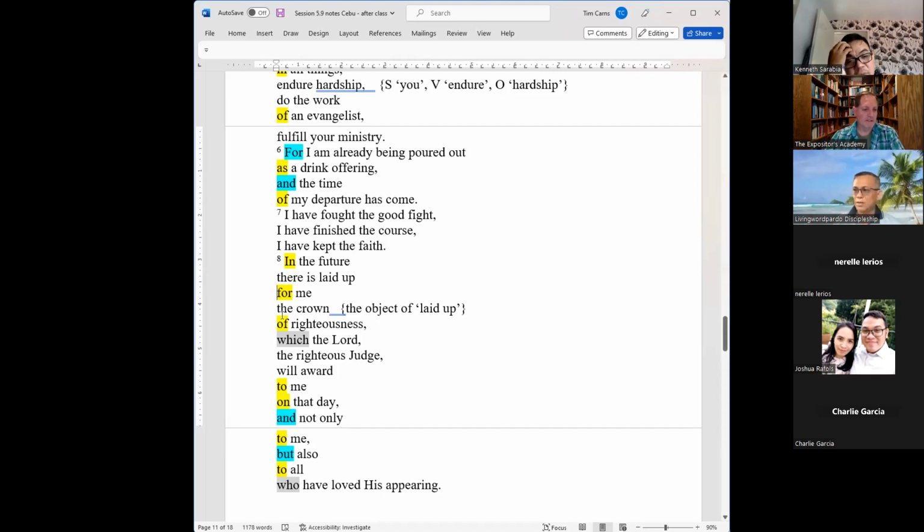So technically, the sentence is this. There is laid up the crown, right? Subject is there in this case. The verb is laid up. And then the object is the crown.